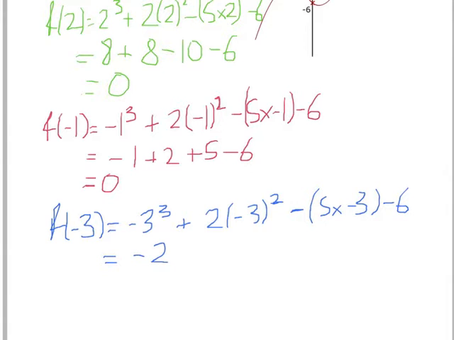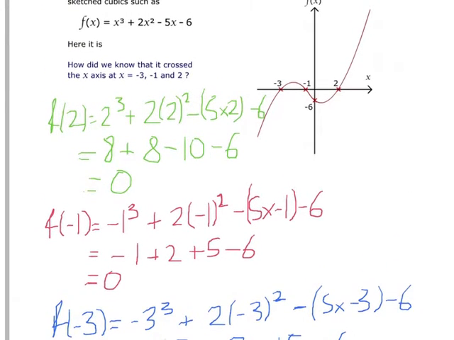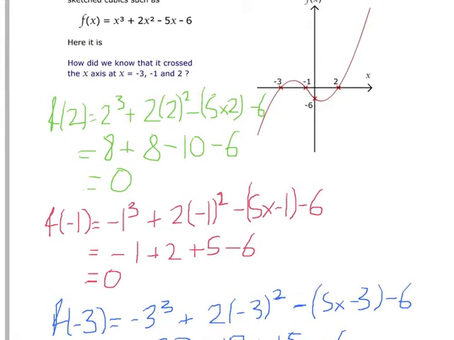That's minus 27 plus 18, minus 5 times minus 3 is 15, minus 6, which if you work that all out, you do indeed again get that this is equal to 0. So we now know that every single time when we put in our values which cross the x-axis, we get the f(x) function is equal to 0.